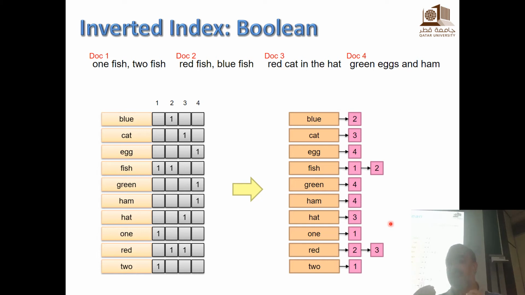So just the indication that it appeared in the document might not be enough to find good documents if you are given a query. We will also need to keep track of how many times each term appeared in every document.